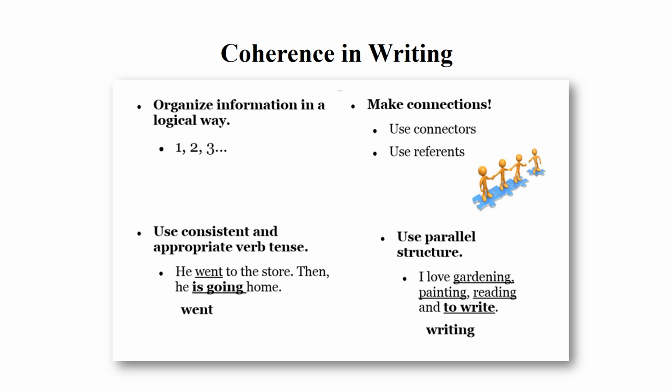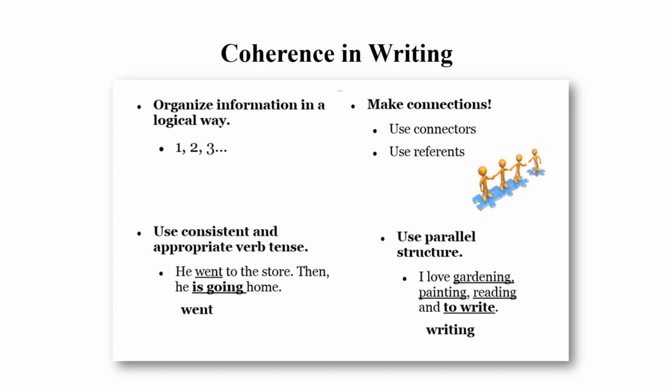Another way to achieve coherence is to make connections. Use connector words like therefore, and however, in conclusion. These are very helpful in showing how one sentence relates to another.